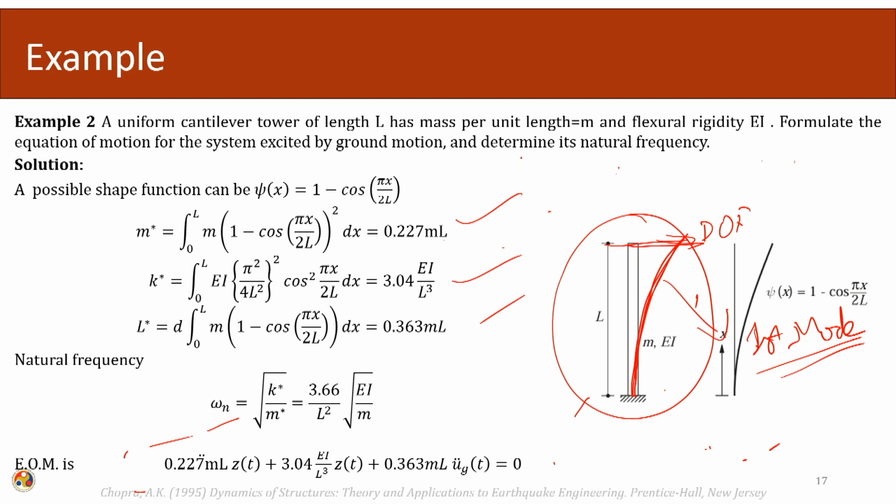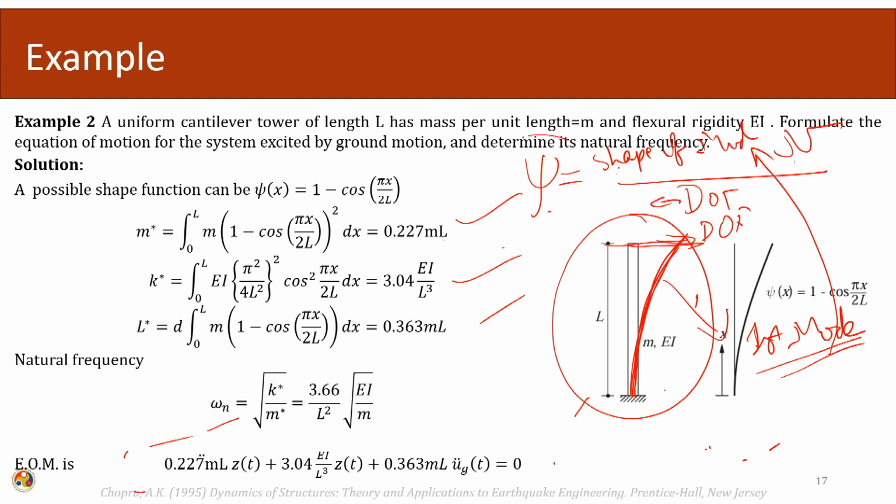Then we formulated our shape function: the numerator part is giving me the shape of the mode, and the denominator part is giving me the chosen degree of freedom. From the shape function I calculated my m star, k star, f star, frequencies and so on and so forth.